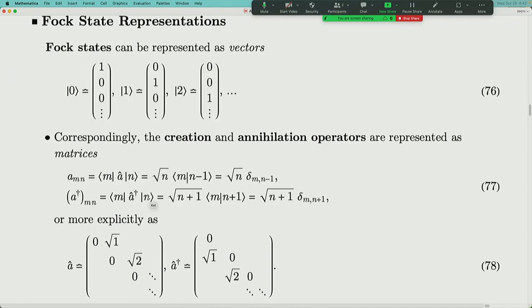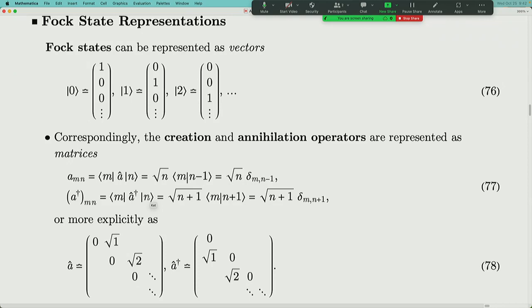When you apply annihilation to the n boson state, it becomes the n minus 1 boson state with a prefactor of square root of n in the front. But now these two eigenstates see each other. As we already discussed, they form an orthonormal basis, which means the element is non-zero if and only if m turns out to be n minus 1.